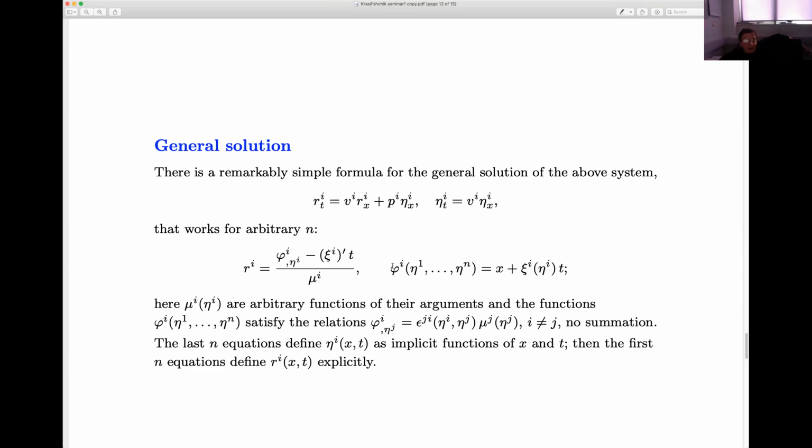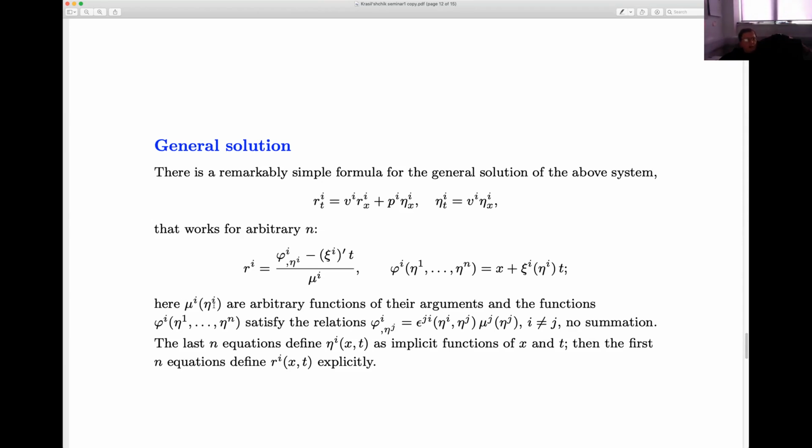These functions phi i's are defined by the following formulas. They are written here. Phi i differentiated by eta j, where j is not equal to i, equals this two-soliton interaction kernel times the function mu j of eta j, which is arbitrary. These are mu functions, arbitrary functions.